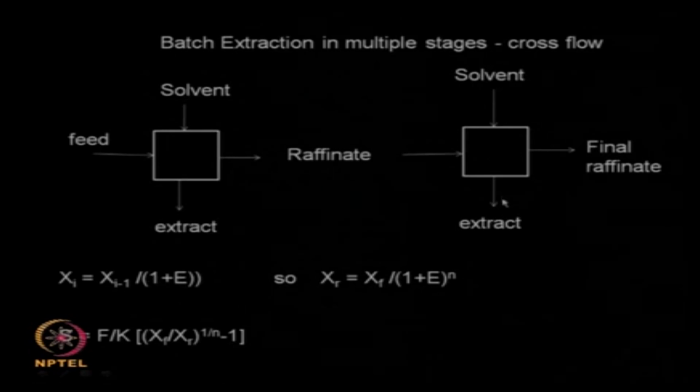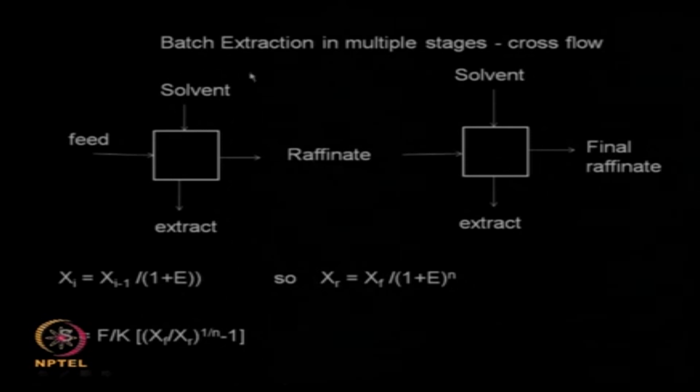So all these extracts from each of the stages will be combined together, and that particular extract will be very rich in your solute. This is called a cross flow, because your feed is flowing like this, your solvent is coming crosswise from the top.